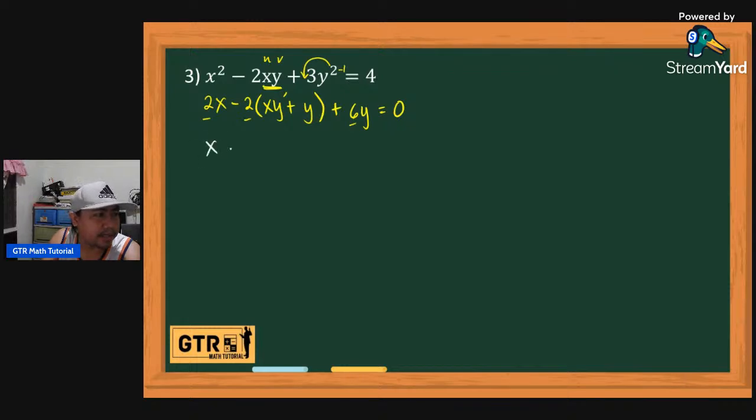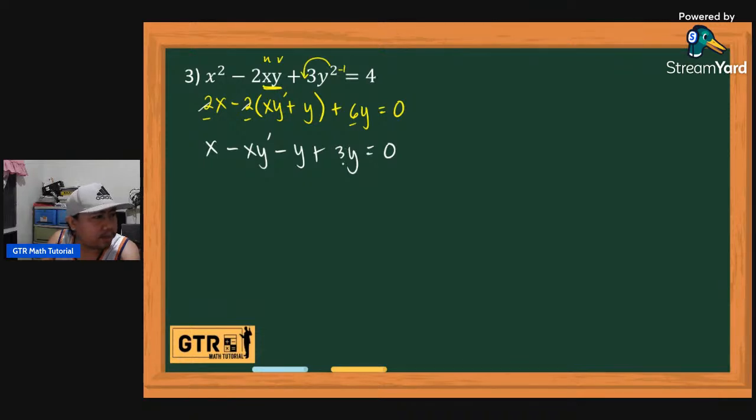So we have x minus, at the same time, let us multiply the negative sign. So we cancel out 2 and 2, then distribute the negative sign. So we have x y prime minus negative y, so that is minus y, plus 6 divided by 2, so that is 3y equals 0.